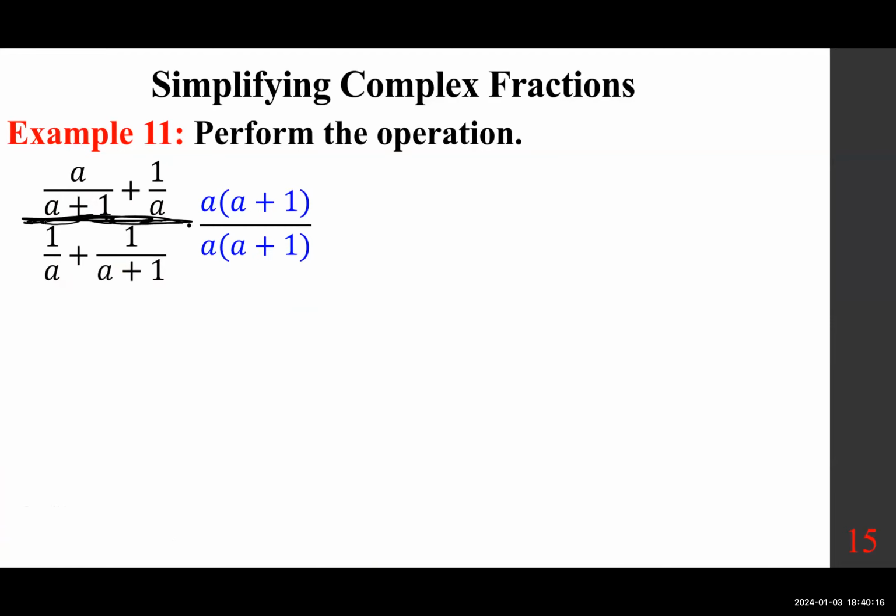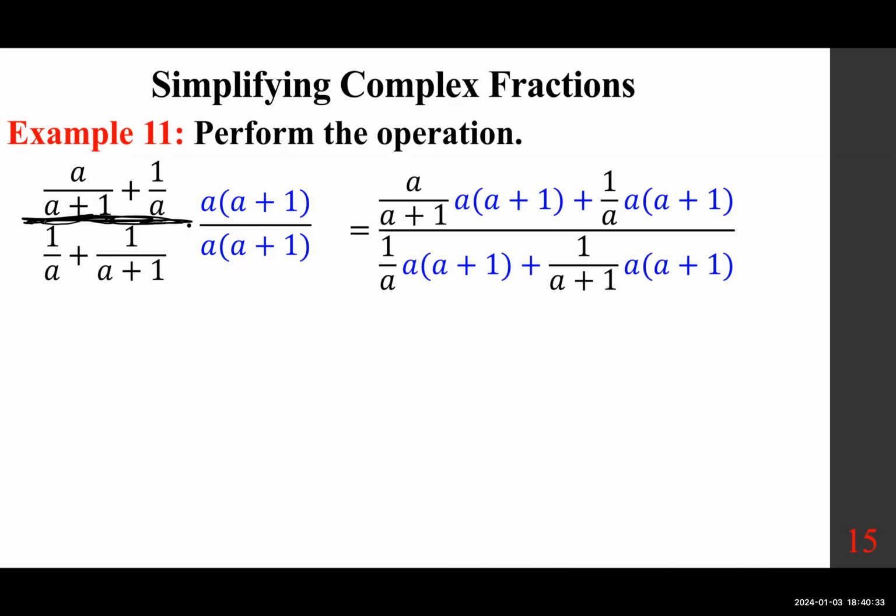Multiply the top as well as the bottom by the LCD, namely a times a plus 1. Now, I'm going to show you these steps, but you really don't have to write these steps. You can skip it.